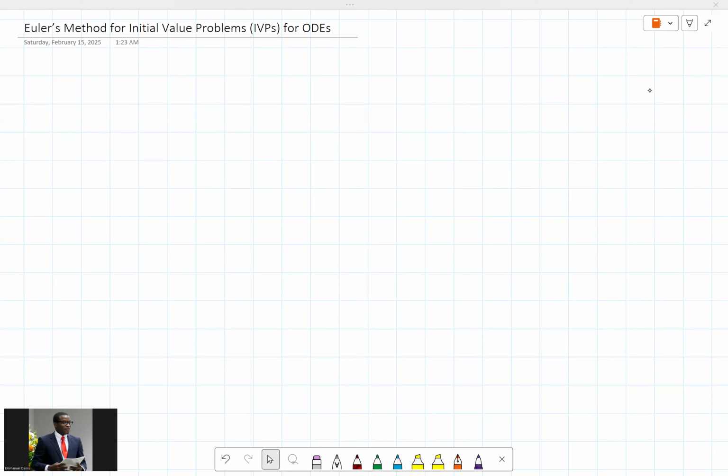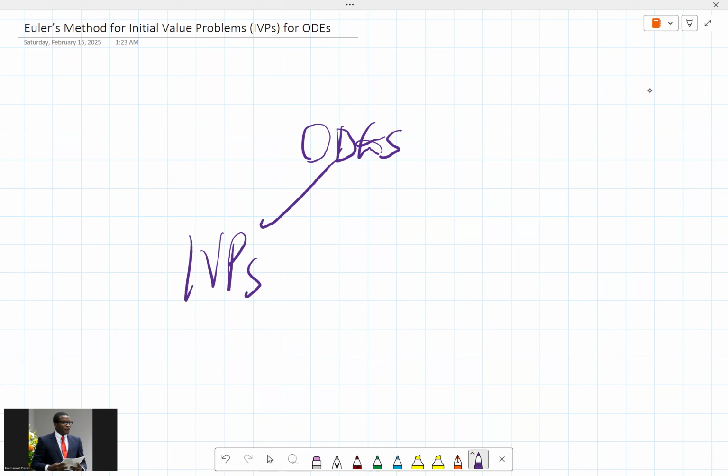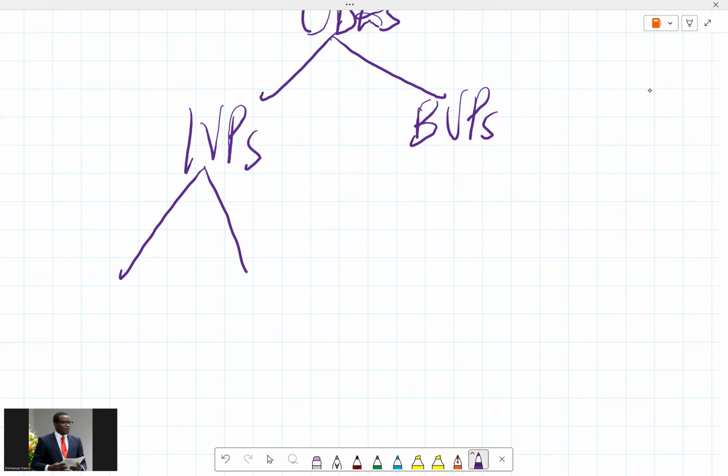In this video, we're talking about Euler's method for initial value problems for ODEs. In the previous video, we distinguished two types of problems when we talk about ordinary differential equations: initial value problems and boundary value problems. Under the initial value problems, we identified two methods with which you can solve them: the Euler method, and the Runge-Kutta methods.